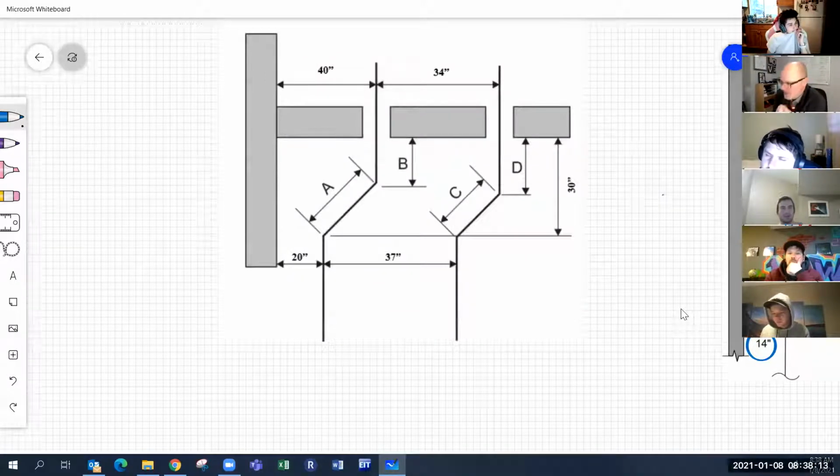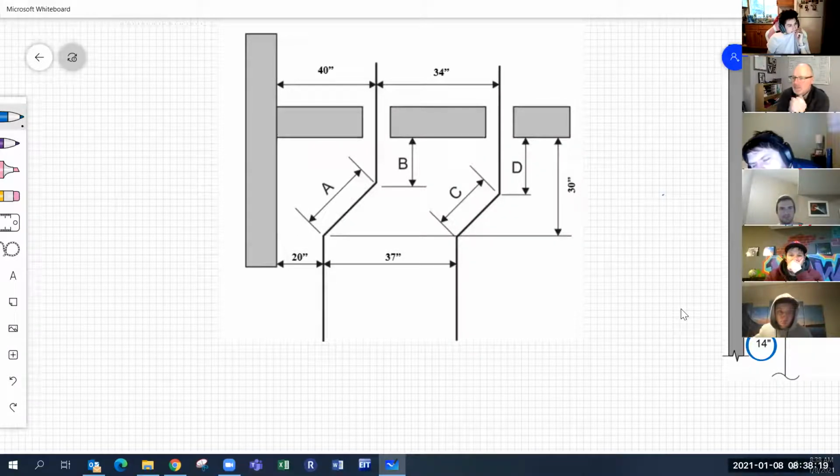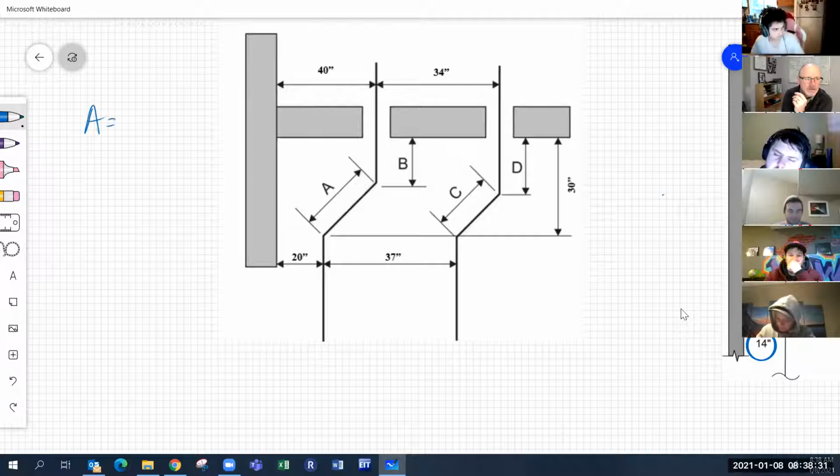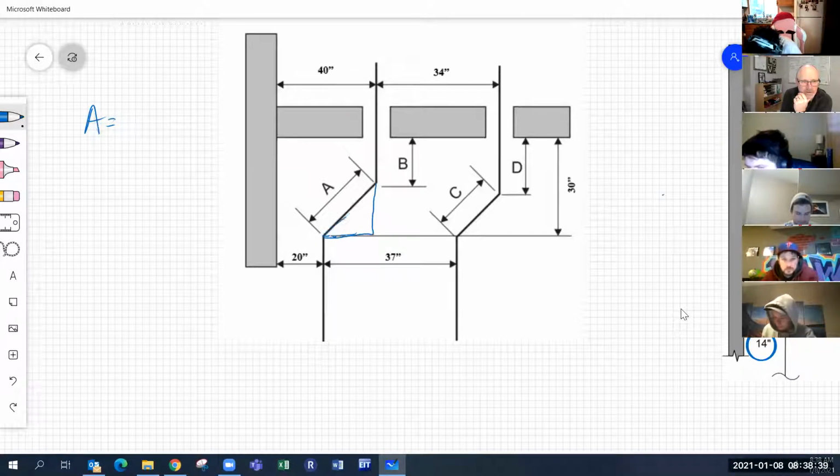Let's just do this one here. I know this one looks pretty crazy, but this is still using, you've got to remember, the 1.414 on these right angle triangles. So first off, let's solve for A. And I can do A by simply drawing myself a right angle triangle right in here.